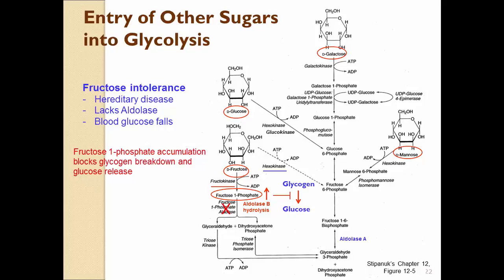So patients deficient in aldolase B usually have a problem maintaining blood glucose, particularly when they consume high fructose.